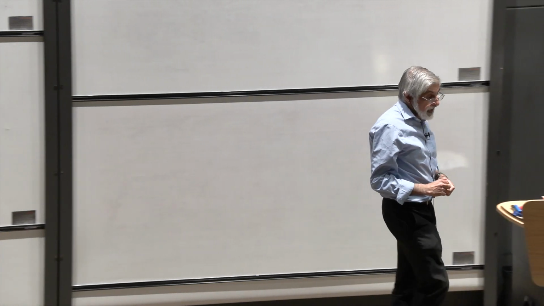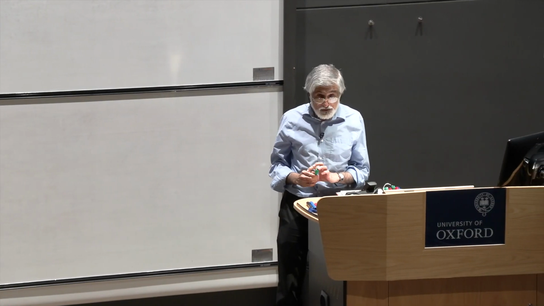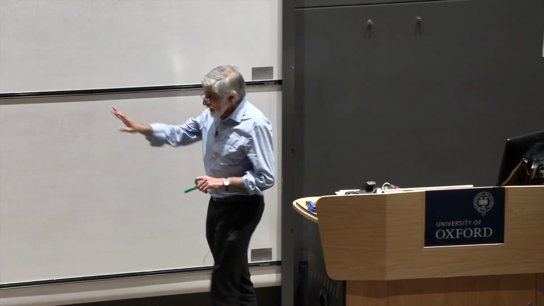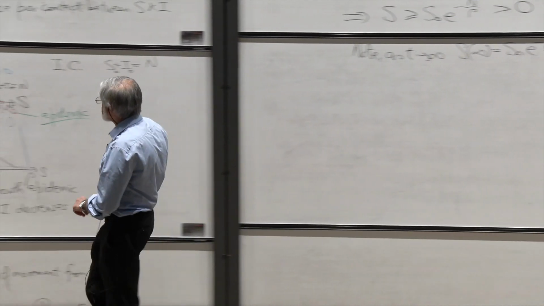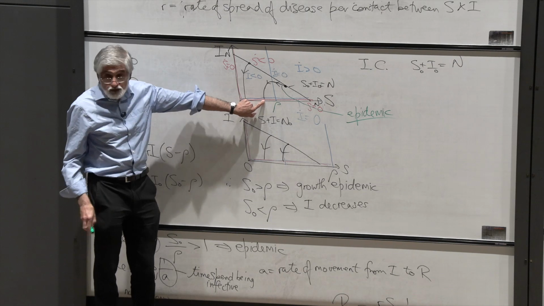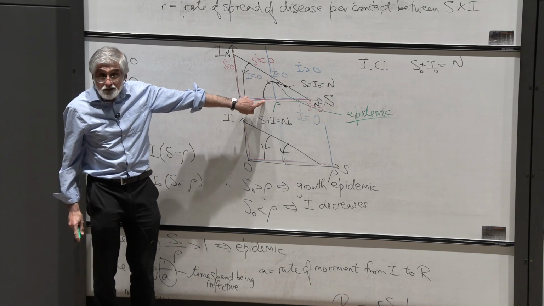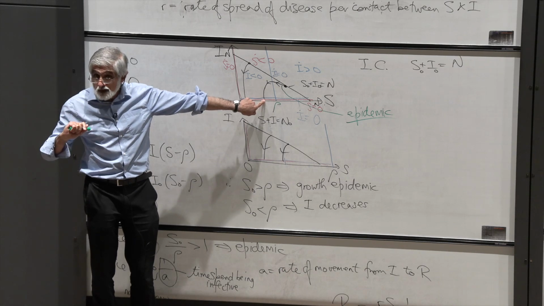And then in the fourth year, there's a stochastic course. Now, one thing that we haven't embarked on here is that when you get down to here and I gets very, very small, then random effects can be very important.